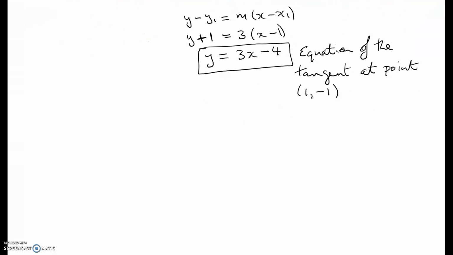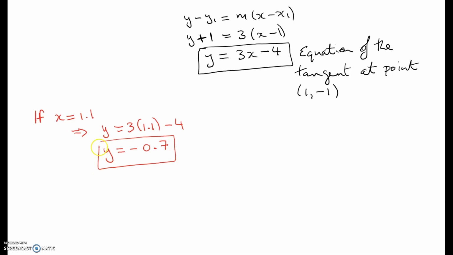If x is equal to 1.1, y is going to be equal to 3 times 1.1 minus 4. 3.3 minus 4 is minus 0.7. And that's our approximation for g of 1.1.